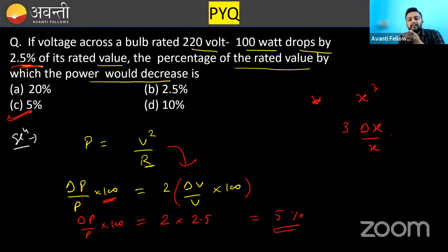This is how you can write the percentage change, multiplied by 100. So here, this was V square, so you can take this 2 out. Delta V by V is the percentage change into 100. This is the way we write percentage changes. Resistance is constant, so we are ignoring this.